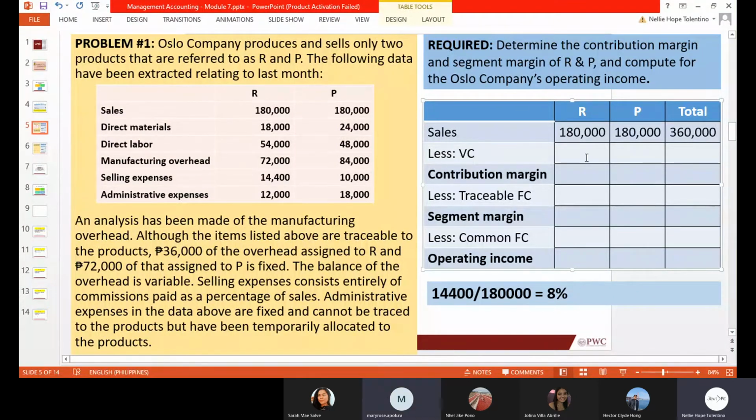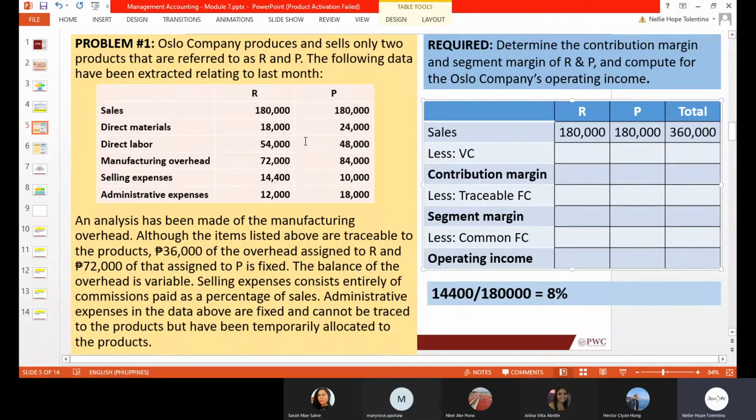How much is the variable cost of R? We already analyzed earlier. We know which of those are fixed and variable. So, how much is the variable cost of R?